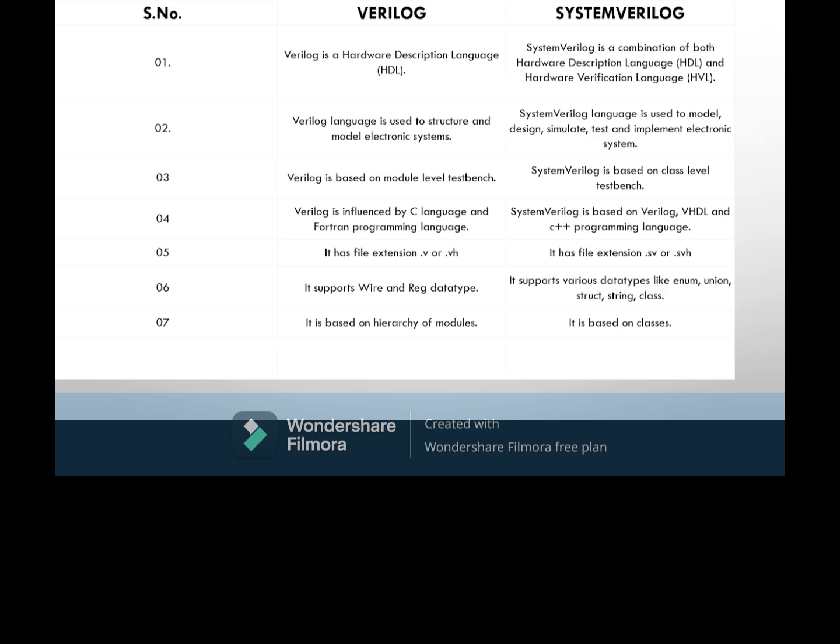So when there are only limited regions, the race around condition occurs. We'll see how the race around condition happens. In order to avoid that race around condition, we have come to SystemVerilog. In SystemVerilog, along with these four event semantics, we have another 8 semantics, so totally 12 regions.